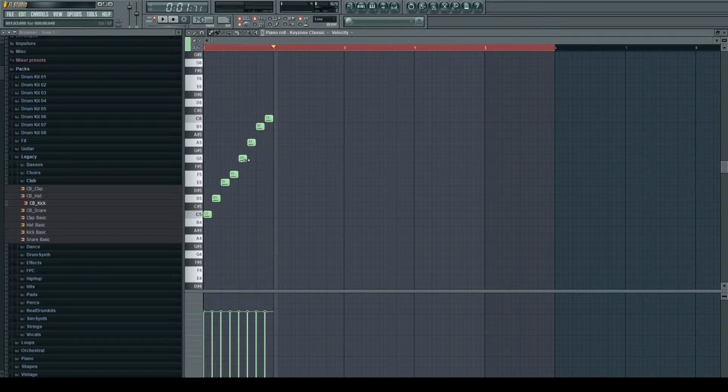Another reason to explain this is the distances, the interval key.